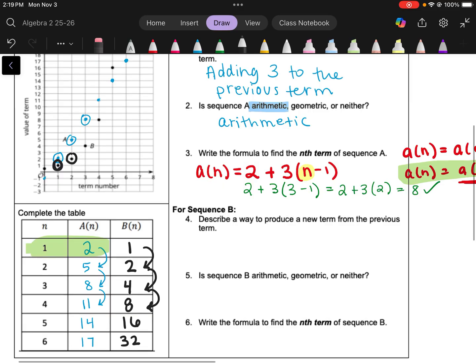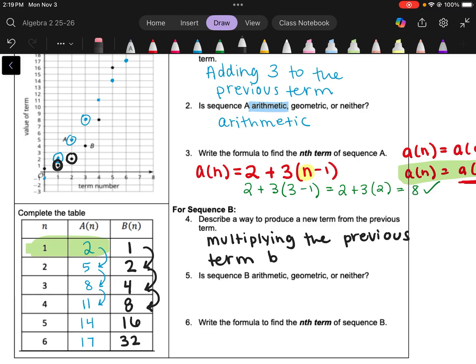Hopefully you were thinking we're doubling, or we're multiplying the previous term by 2. So when we're multiplying by a constant, we're multiplying by 2 every time. That means it'll be a geometric sequence.